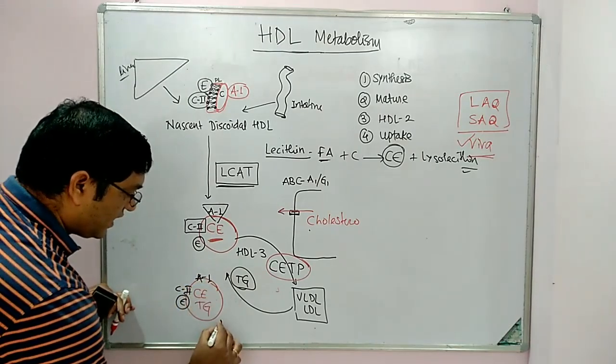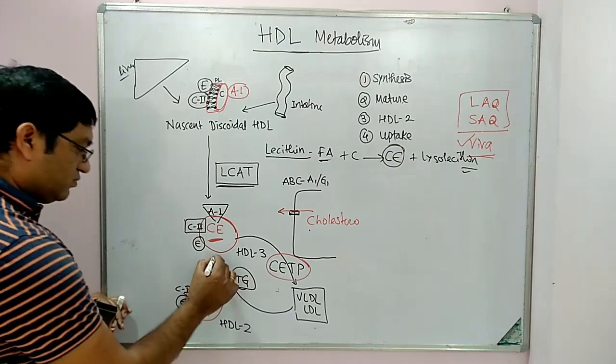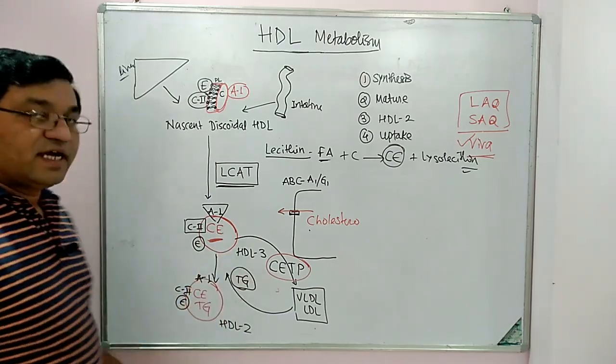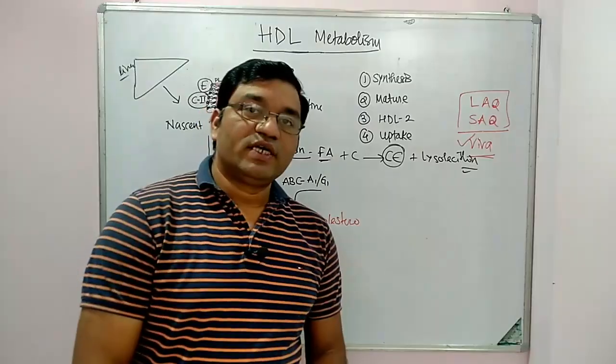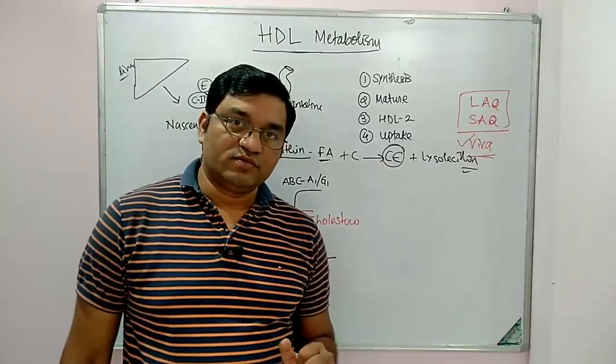It is known as HDL2. And this cycle, that is conversion of HDL3 to HDL2, is known as the HDL cycle.